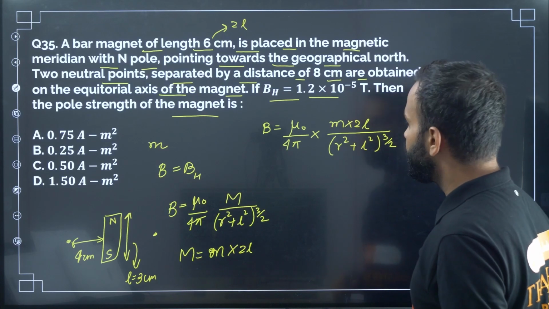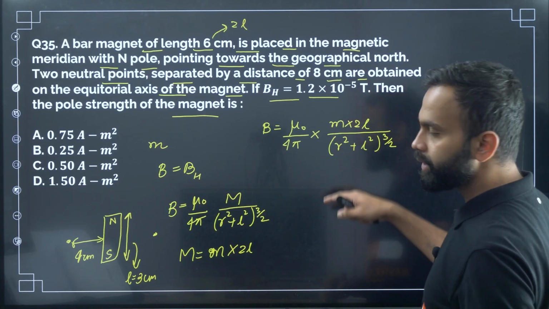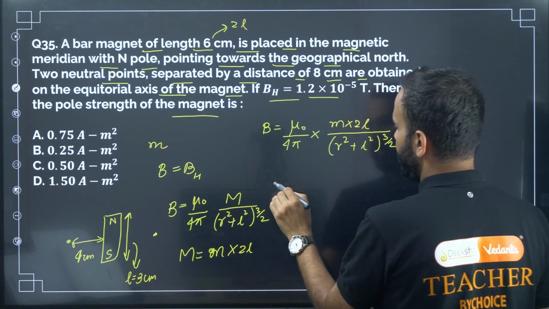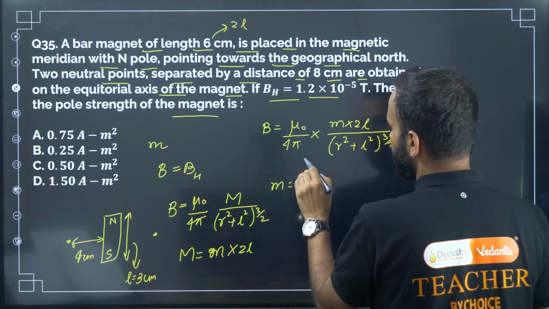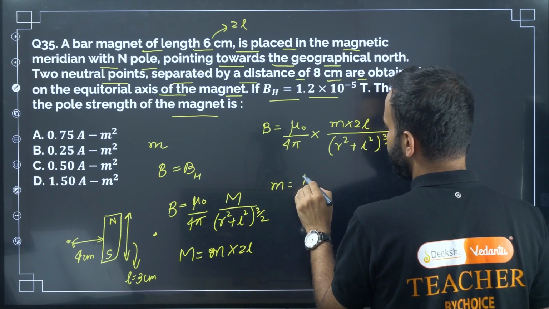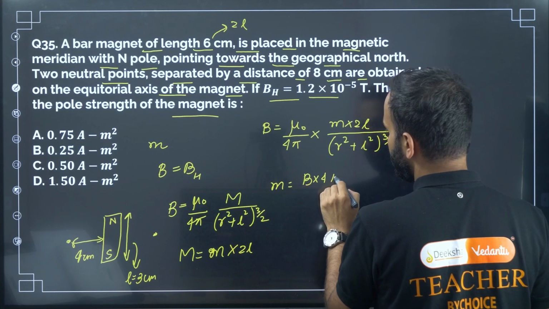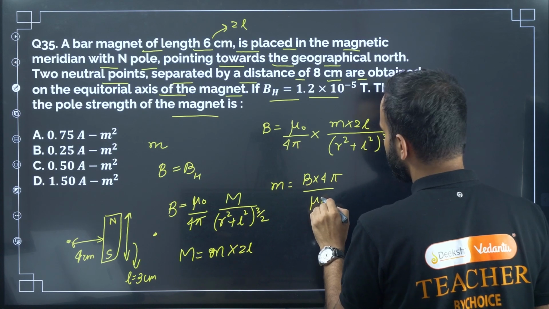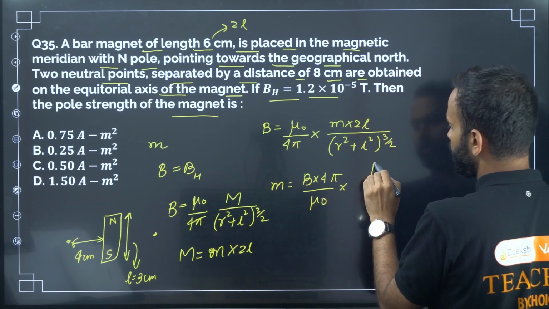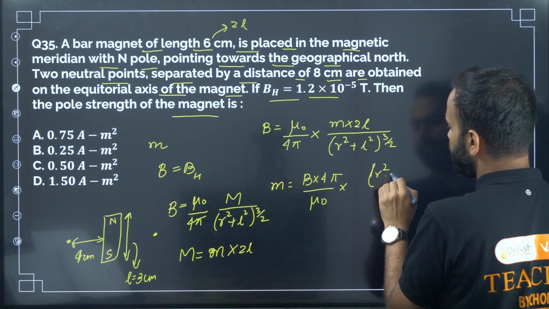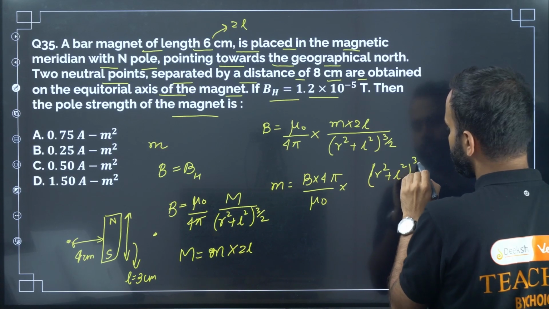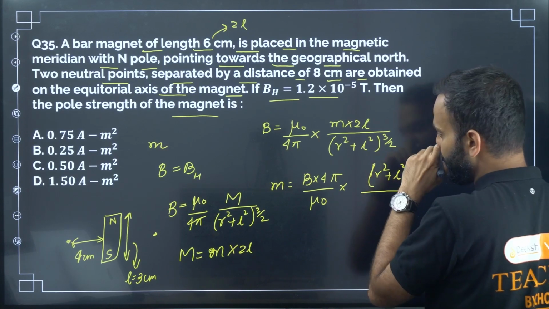What we need to find here is the pole strength, so m equal to B into 4 pi divided by mu naught into r square plus L square to the power 3 by 2, whole divided by 2L.